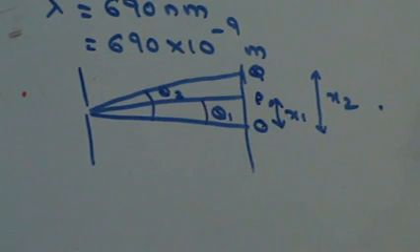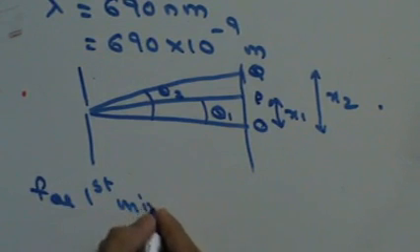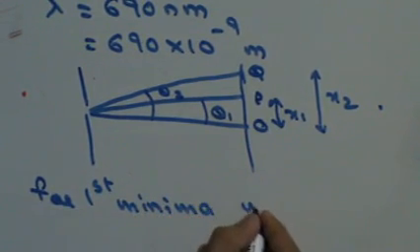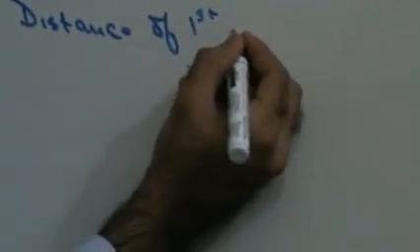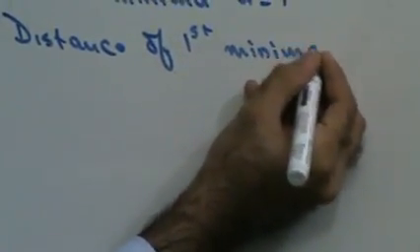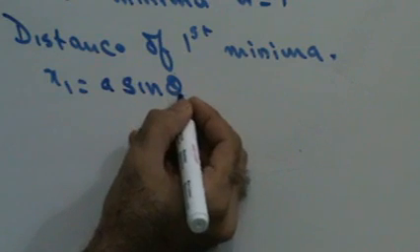First of all, I can say that for first minima, n will be equal to 1. So I can therefore say that the distance of first minima x1 is given by the formula a sin θ1, we've already done this, which is equal to nλ.